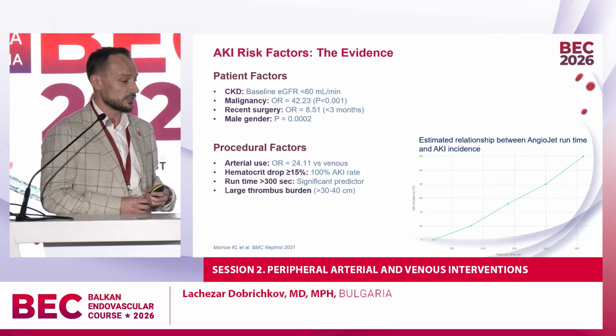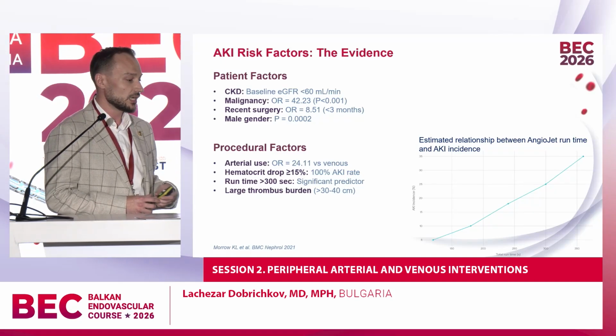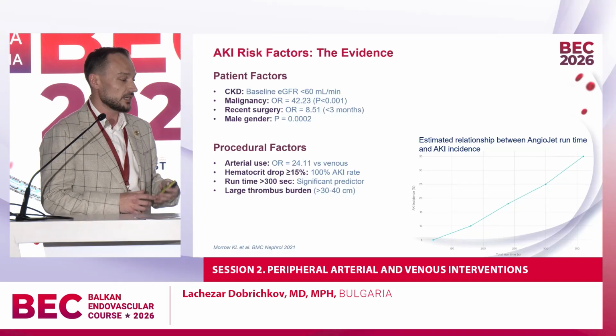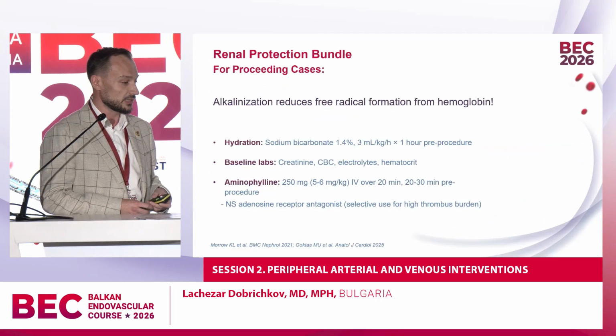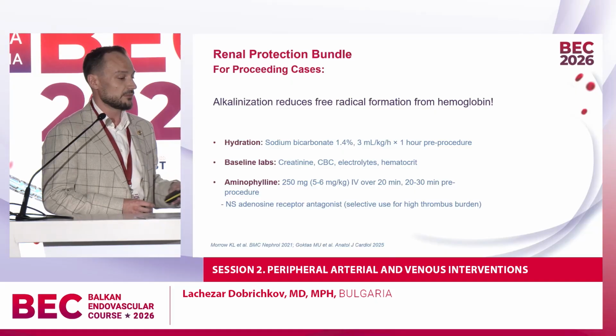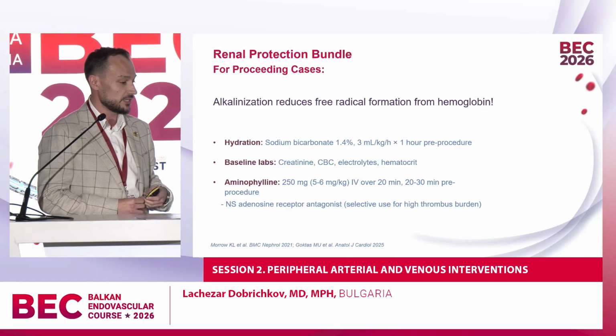Also, a drop of hematocrit is usually a sign of hemolysis. Exceeding the runtime is another procedural factor, as is a long thrombotic lesion. To prevent acute kidney injury, first we should start with good hydration combined with sodium bicarbonate before, during, and after the procedure.